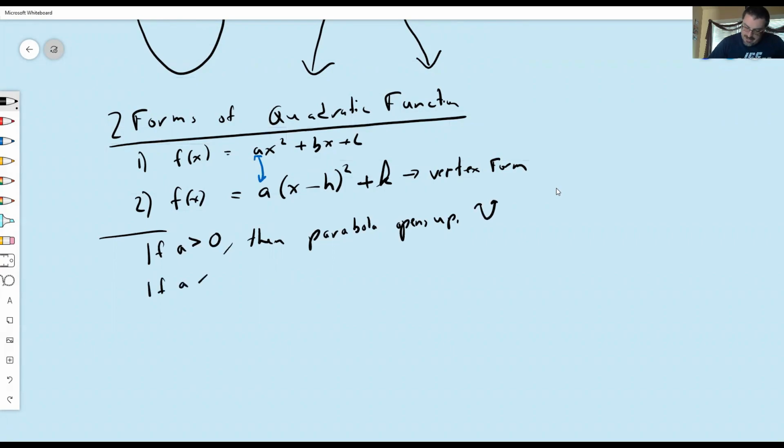If a is less than 0, then the parabola opens down.